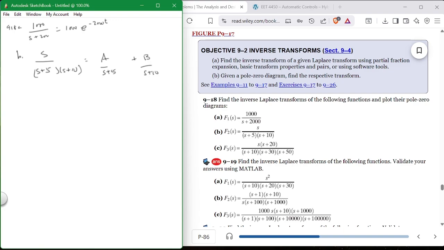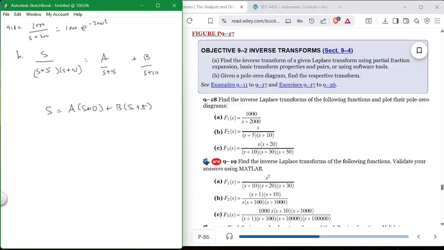So how do you do this now? I'll write it out like this. I'm going to get rid of all denominators. So I'm going to just do the numerators is equal to A times S plus 10 plus B times S plus 5. Does everybody understand that what I did was get rid of all the denominators?